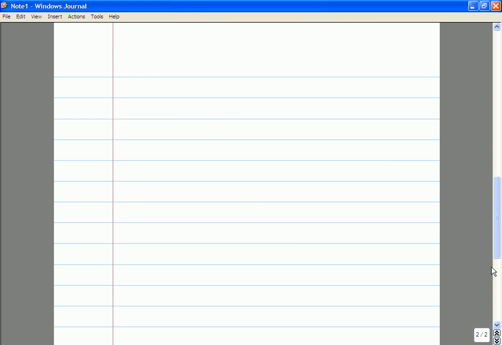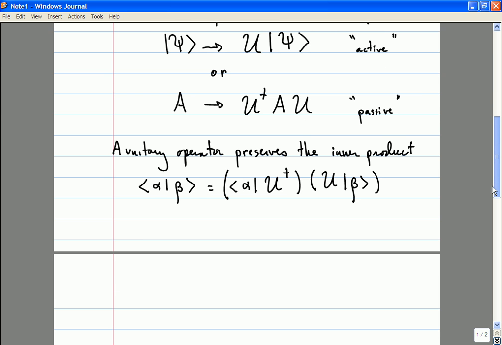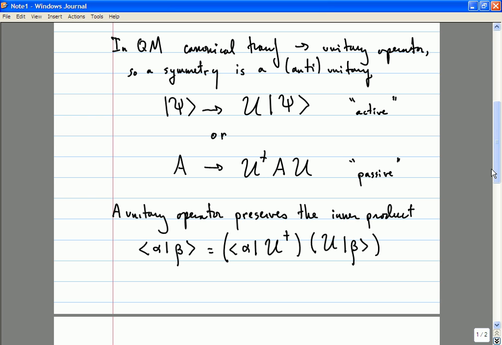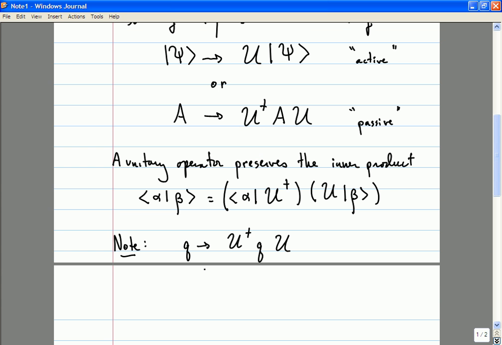And to see why this is the analog of a canonical transformation, which preserves the fundamental Poisson bracket, let's consider the point of view where we think of symmetry operations as acting passively, that is to say, on observables. Then you could imagine that you have some observable Q, which would describe, for example, the position of a particle, and an observable P, which is the conjugate momentum of the particle.